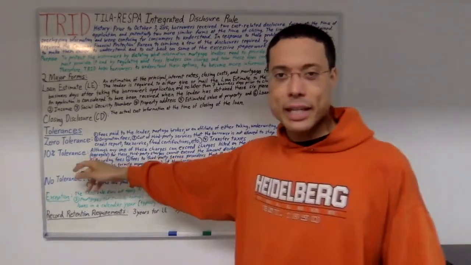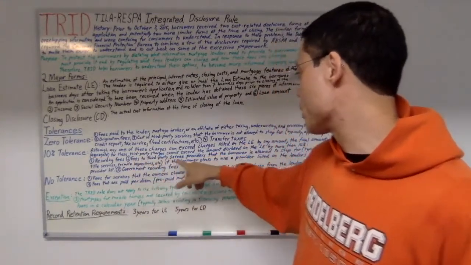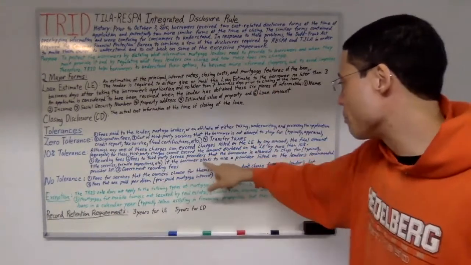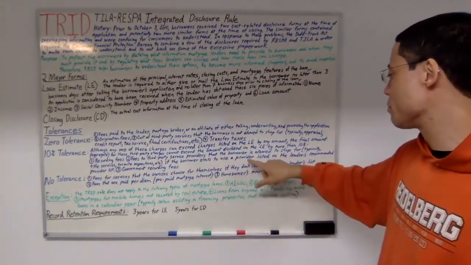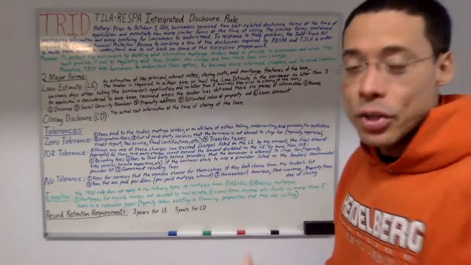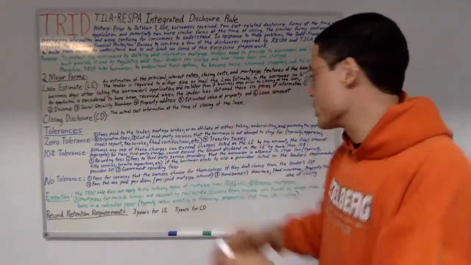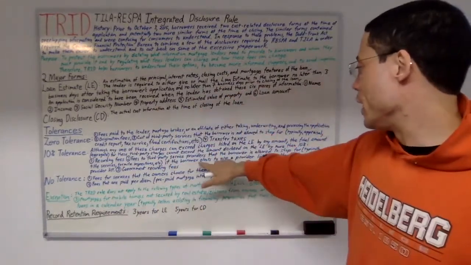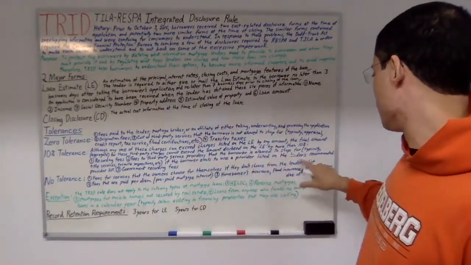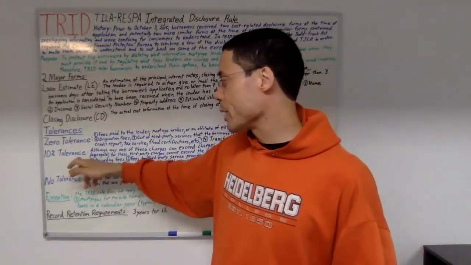Remember in the 10% tolerance category, we talked about fees to third-party service providers that the borrower is allowed to shop for, if the borrower elects to use a provider listed on the lender's recommended provider list. If the borrower is choosing one of the service providers on the lender's list of recommended providers, then that would fall under 10% tolerance.